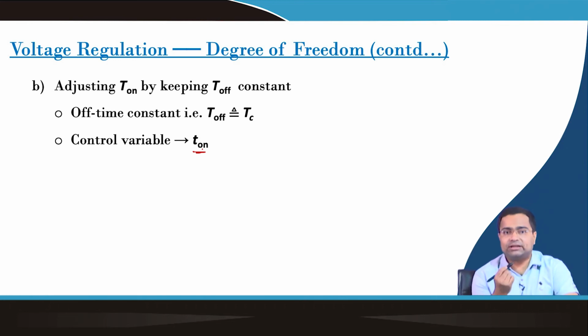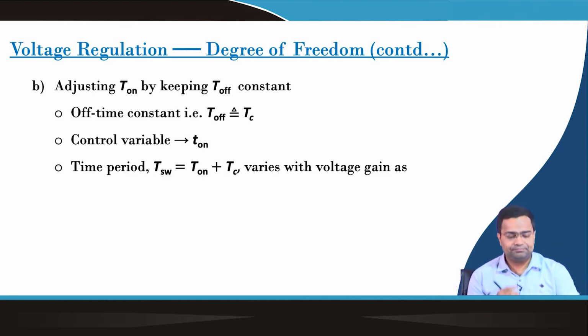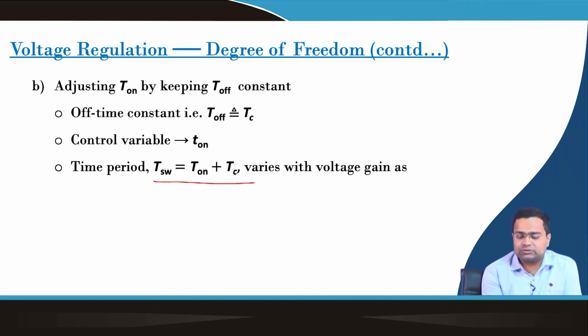When you write small t on, that means the instantaneous value, and under steady state we can write capital T on. The time period is the sum of on time and off time, and if there is a variation in the voltage gain, then of course there will be a variation in the time period, because we are keeping off time constant while on time can vary, so their summation can vary.